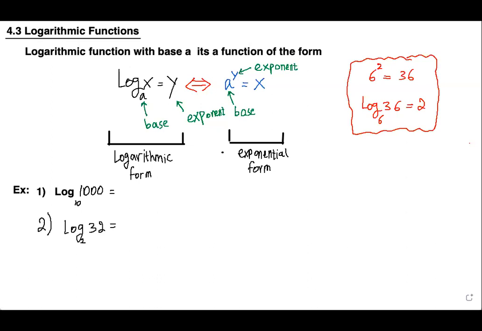Who wants to do the first one? I'm going to explain how you can think about something like this. Here the base is 10. You have to ask yourself, 10 to which power gives me 1,000?